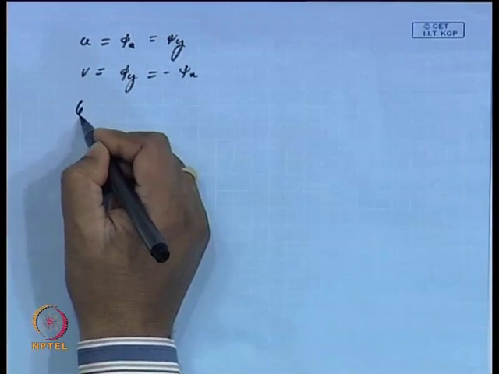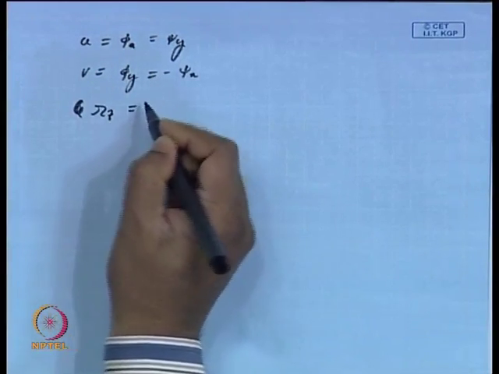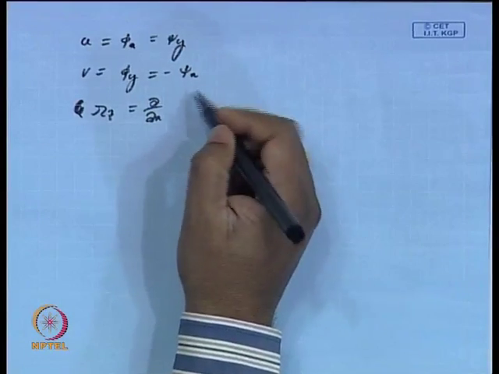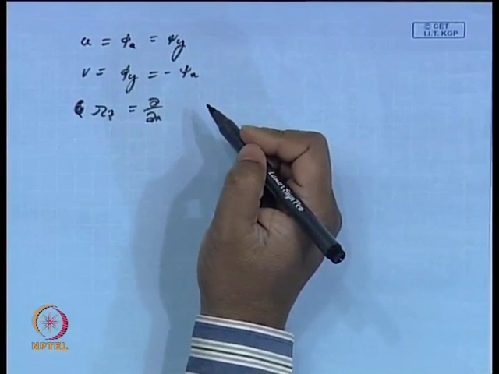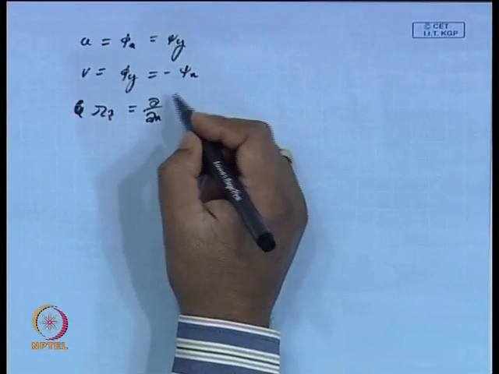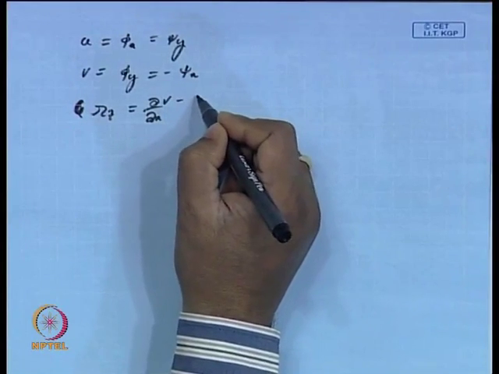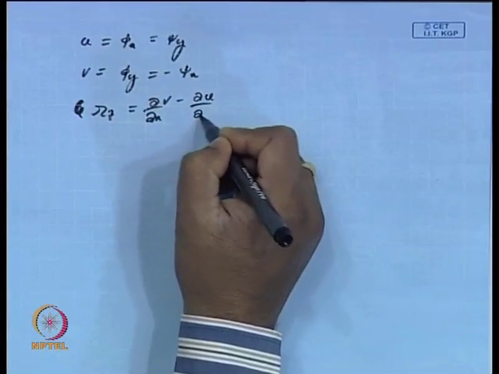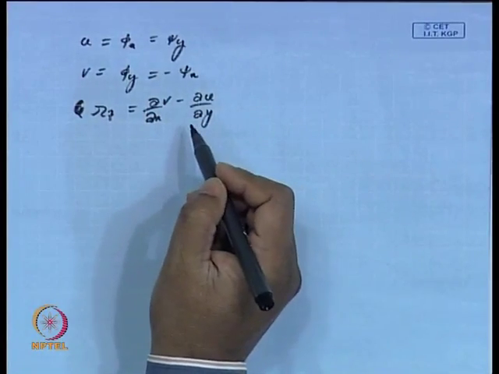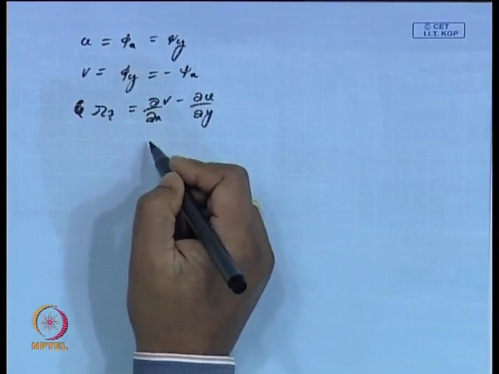Then omega z is equal to del v by del x minus del u by del y, and that gives us v is equal to minus psi x.